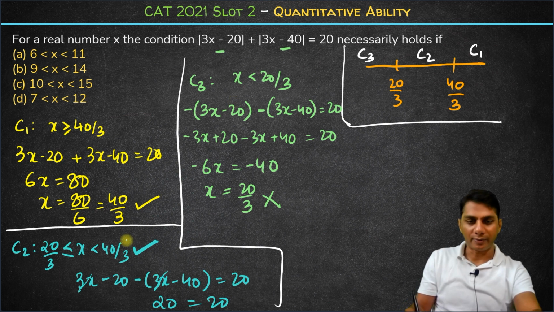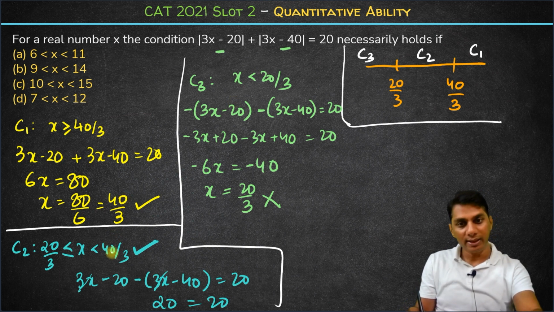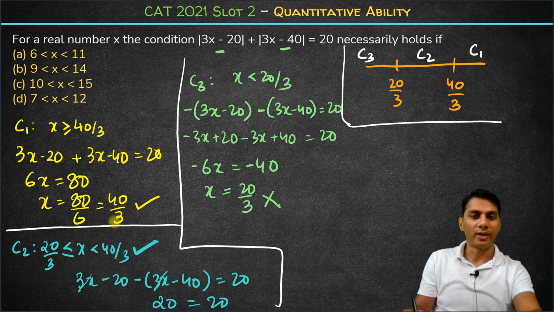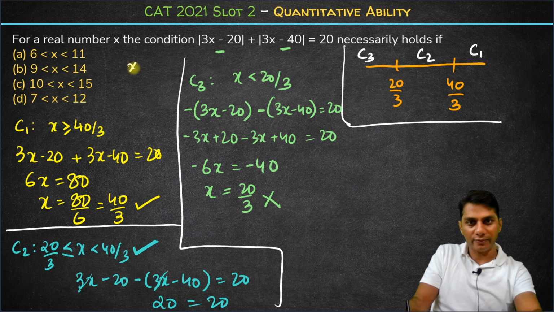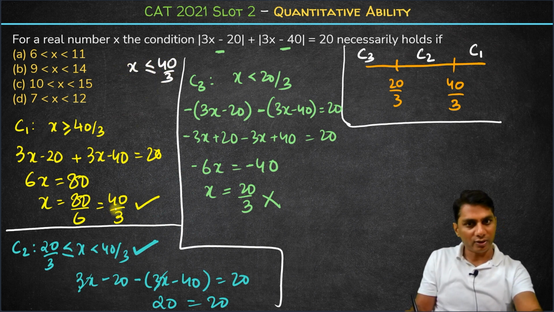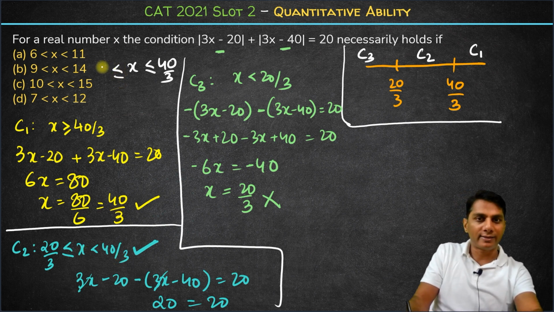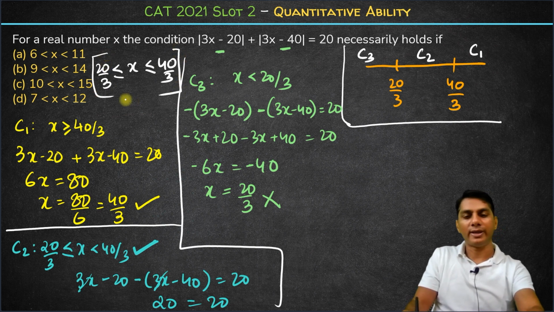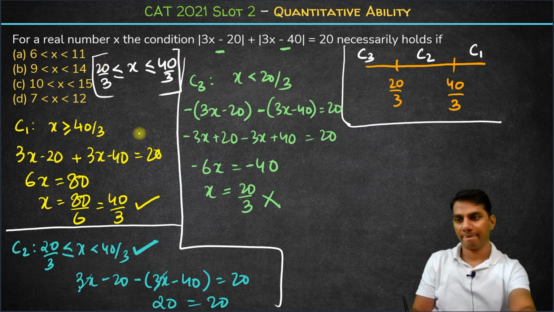So these are the acceptable values here. x can be equal to 40 by 3, less than 40 by 3, down till equal to 20 by 3. So the acceptable range of x will be x less than or equal to 40 by 3, and greater than or equal to 20 by 3. So this is the acceptable range of x.